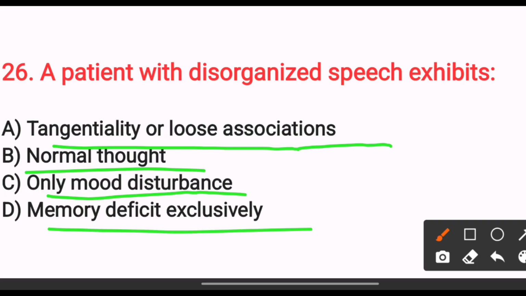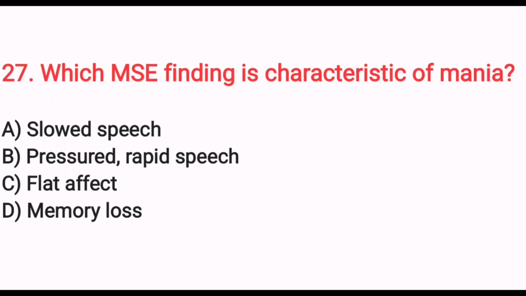The answer is option A, tangentiality or loss of association, because thought disorder is evident in disorganized speech pattern. So the answer will be option A. Next, which mental status examination finding is characteristic of mania?